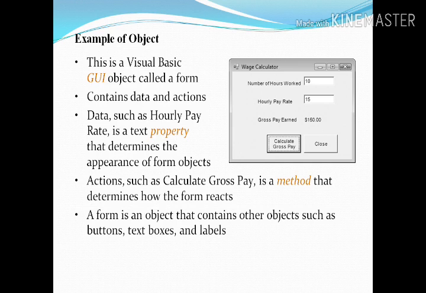Calculate gross pay or close, these two are command buttons.